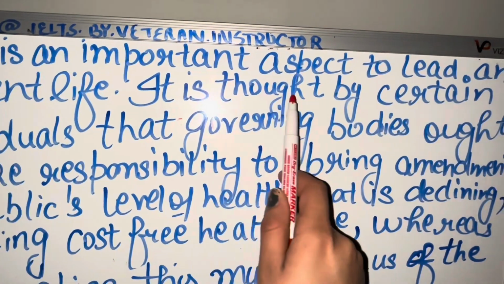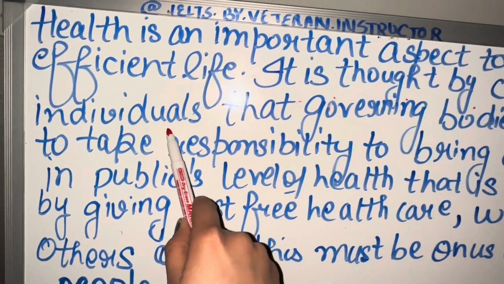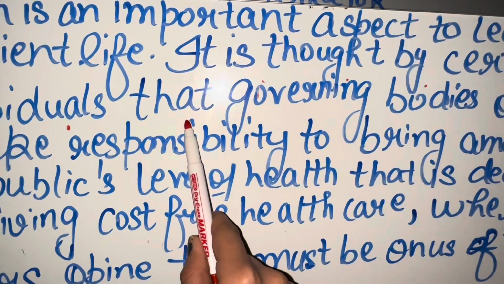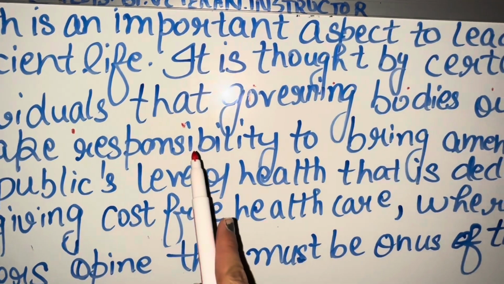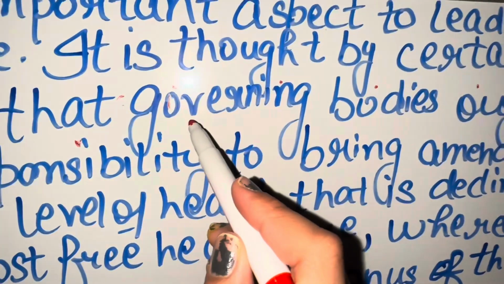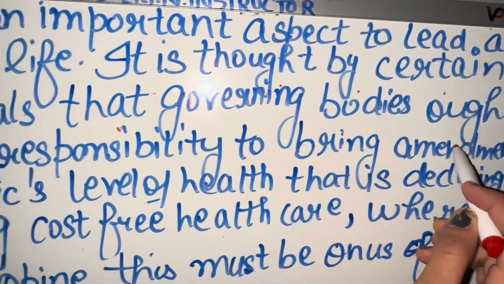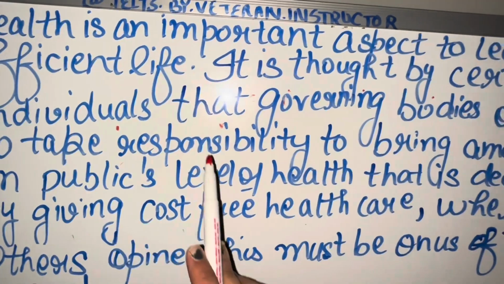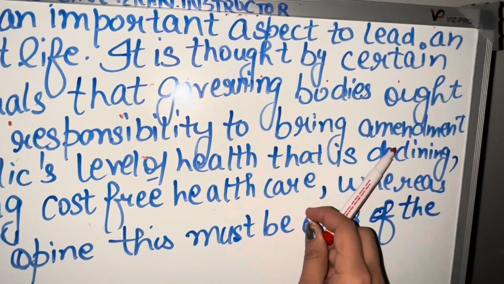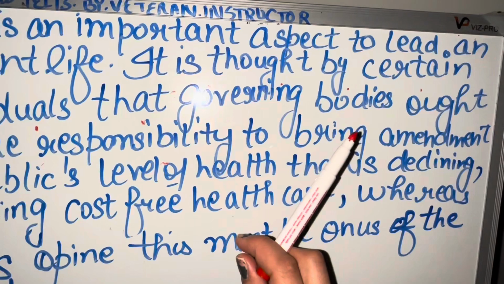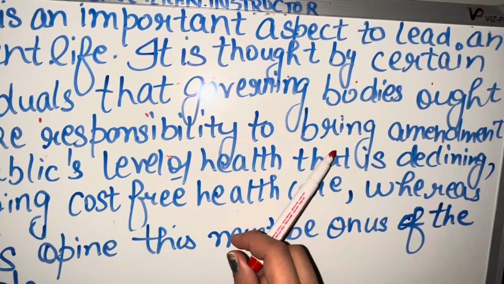It is thought by certain individuals that, what the question was, that health level is falling, so government should pay the cost of healthcare. Government, I have written, governing bodies ought to take responsibility to improve by providing free healthcare.